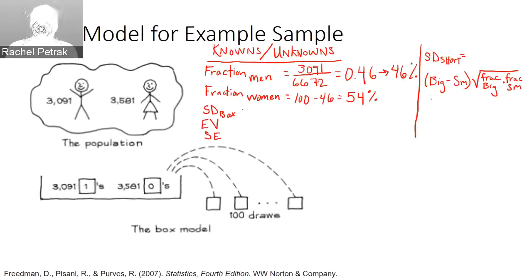How does this translate into this problem? Well, big minus small is 1 minus 0, times the square root of the big fraction. And actually, it doesn't matter if you put these big then small or small then big. They're multiplied, so it doesn't matter.